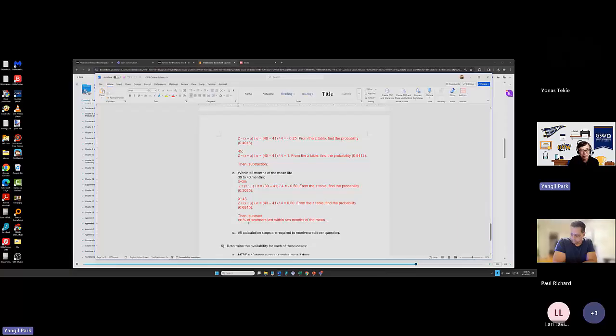Whatever you get, the difference between those two, means the percent of those scanners that will last within 2 months of the mean. So between these two numbers, it's about 39%, 39 scanners will last.